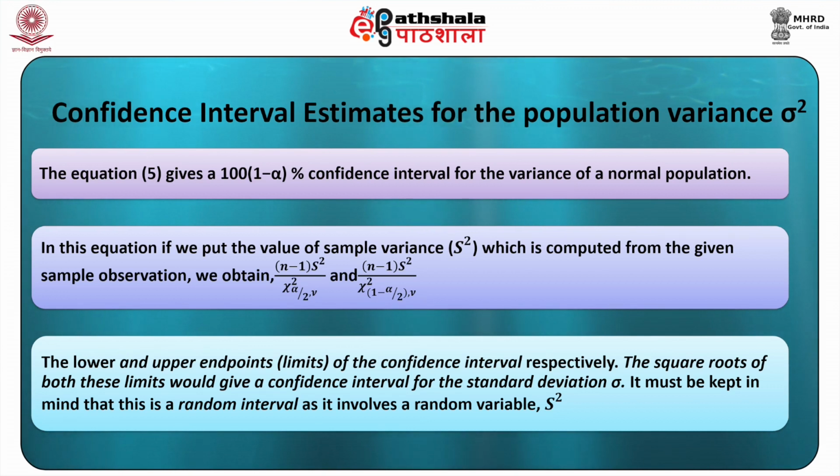The square roots of both these limits would give a confidence interval for the standard deviation sigma. It must be kept in mind that this is a random interval as it involves a random variable S square whose value changes from sample to sample.